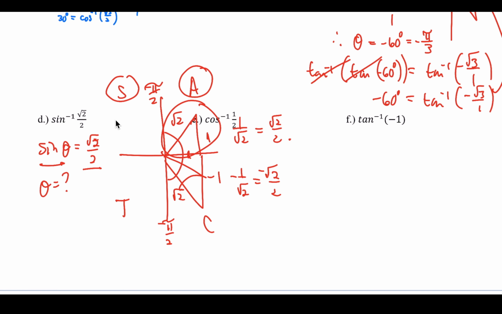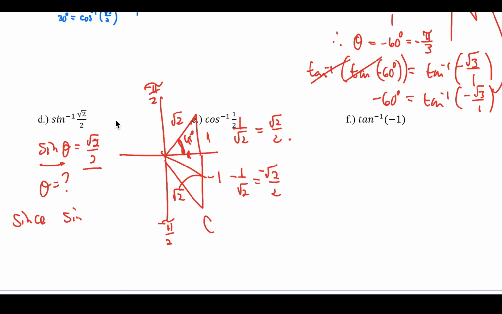So the angle I'm looking for is the angle that forms this triangle in the first quadrant, and that would be 45 degrees. Since the sine of 45 degrees is root 2 over 2, we know that theta must be 45 degrees, or pi over 4. And that's it.